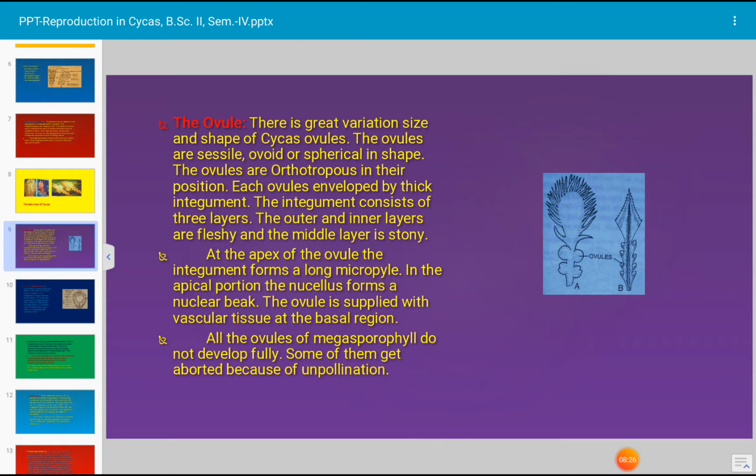Some of them get aborted because of no pollination, no fertilization. Some ovules fall off, and the ovules which are fertilized develop fully.